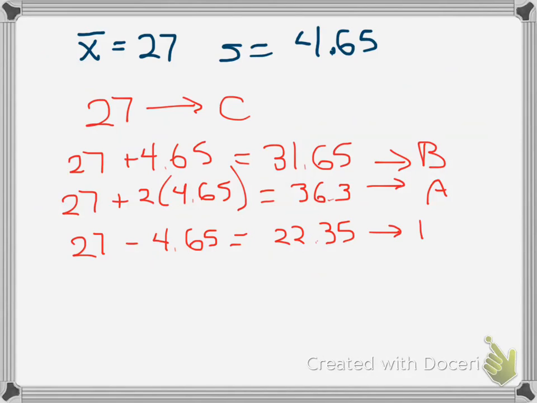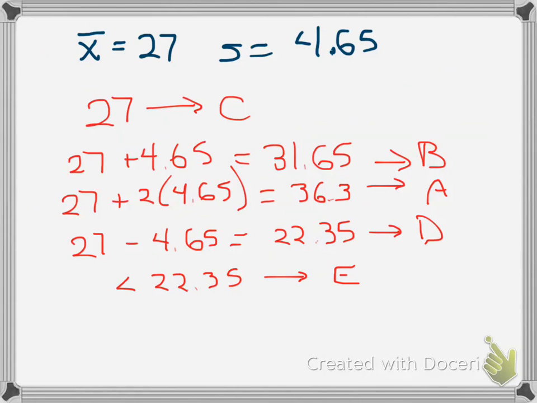And so those grades would be D's, and anything lower than a 22.35 will be an E.